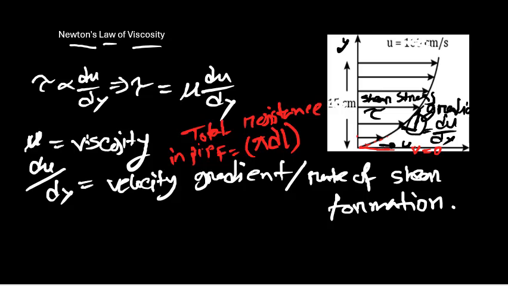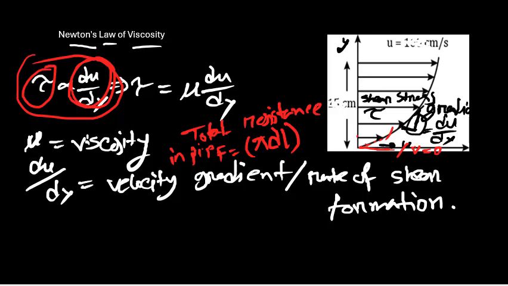I think it's clear. This is the Newton viscosity formula, and the theory is that the shear stress between adjacent layers is directly proportional to the gradient.